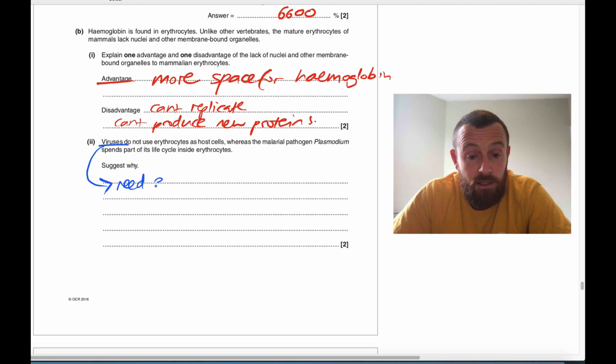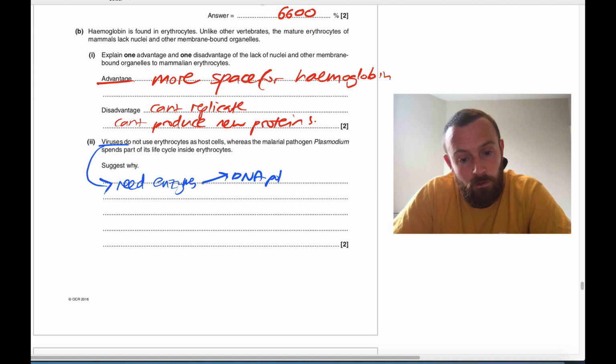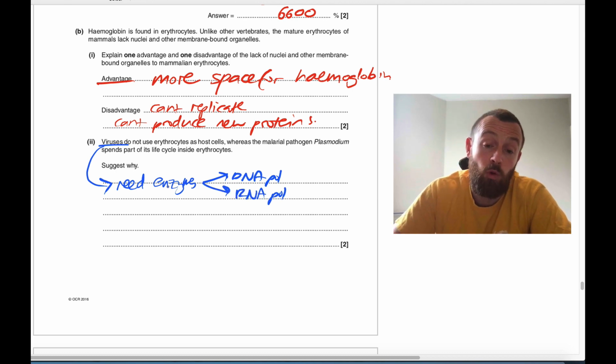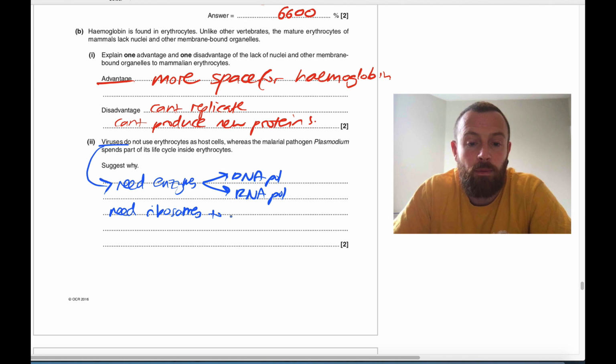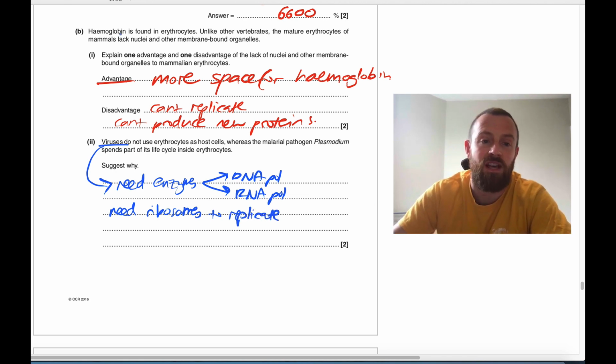They need enzymes. So DNA pol, RNA pol. In order to replicate, they need lots of ribosomes to replicate and so on, because they basically just take over the mechanisms of the cell.